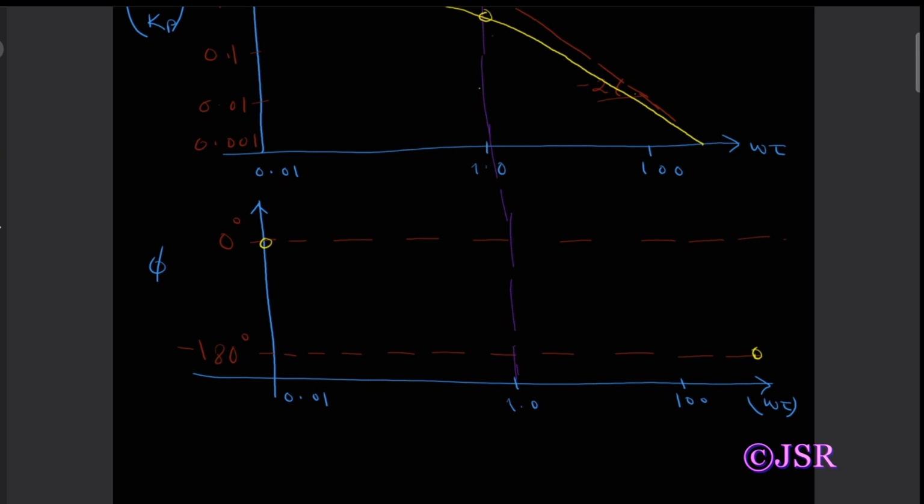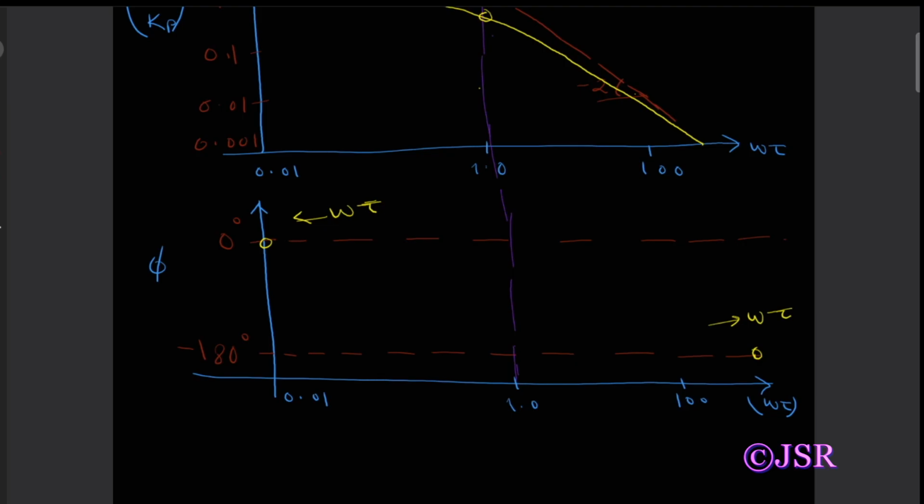So when omega tau tends to 0, we have phase shift 0 degree. When omega tau tends to infinity, we have phi equal to minus 180 degree.